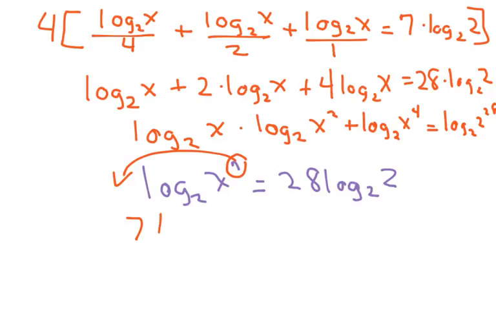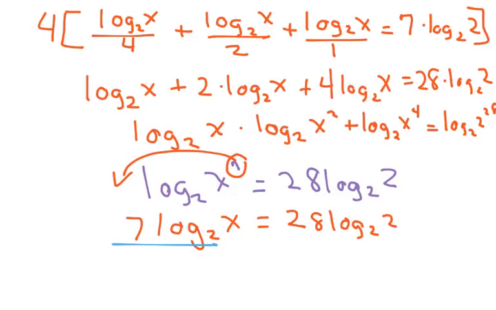So I get 7 log base 2 of x equals 28 log base 2 of 2. When I do that, I can divide both sides by 7. So I get log base 2 of x equals 4 times log base 2 of 2.